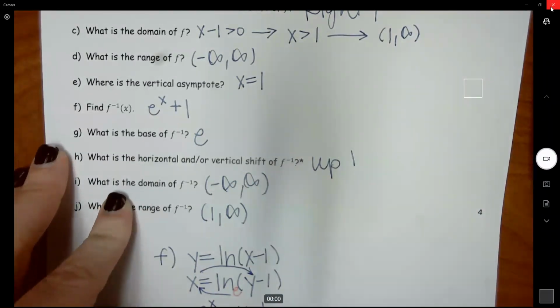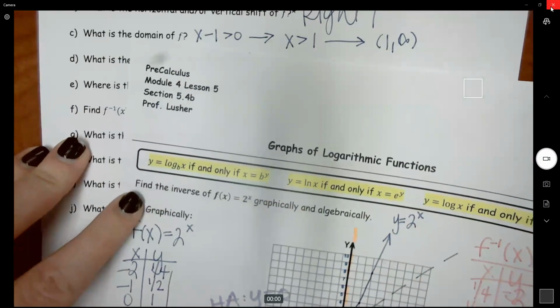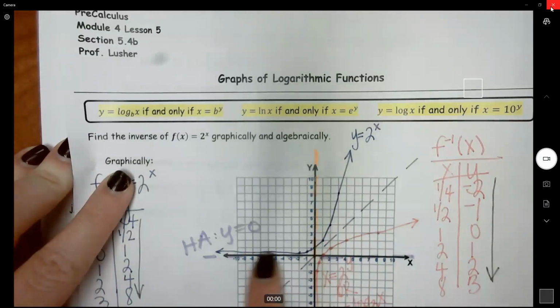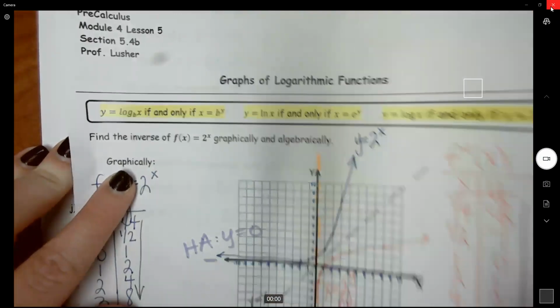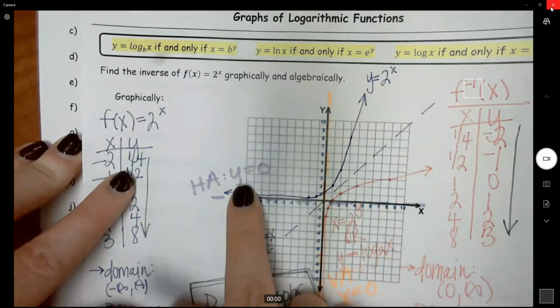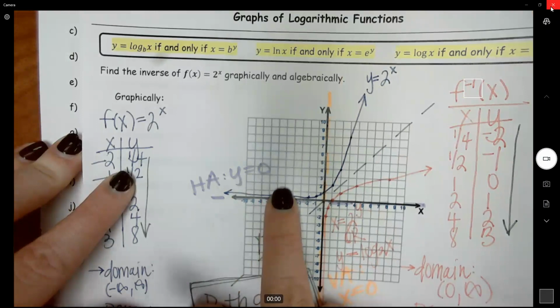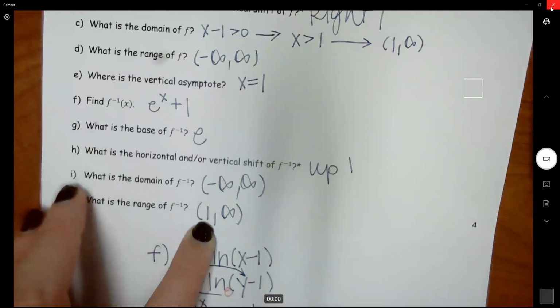Which again should make sense because here is my exponential, which usually has a horizontal asymptote at y equals 0. If I am shifting it up 1, that shifts this up 1 as well, which makes my range 1 to infinity.